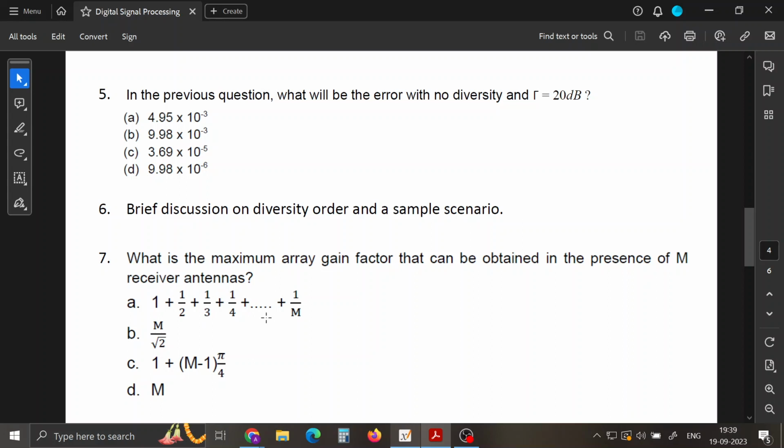So for 2 antennas it's 1 plus 1 by 2, for 3 antennas you have 1 by 2 plus 1 by 3, so the increase is even decreasing, right? The increment is getting less and less as you increase. Whereas this M is a linear increase, right? So that's the best you can do, it is option D.